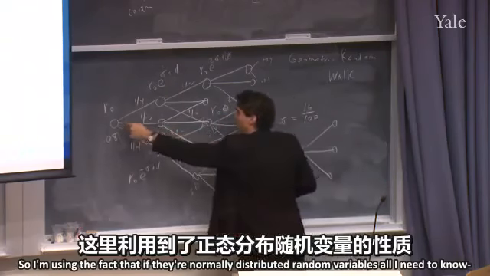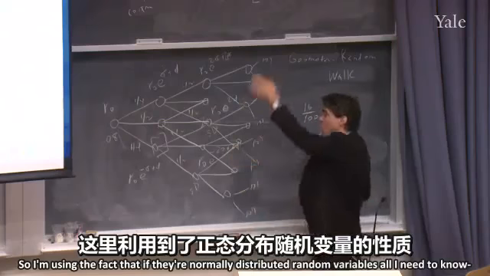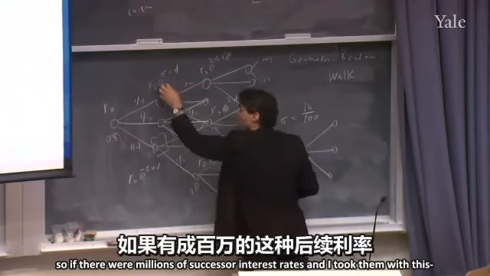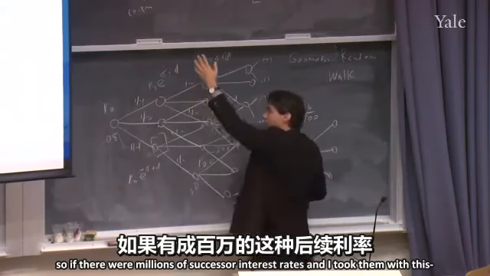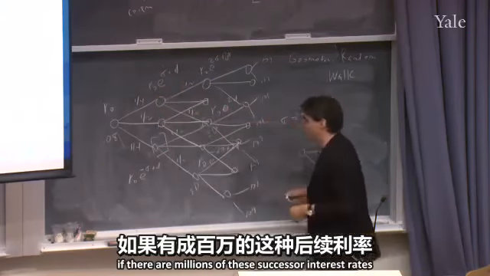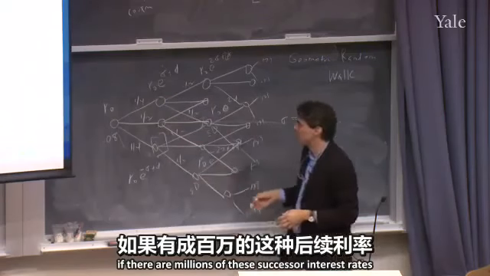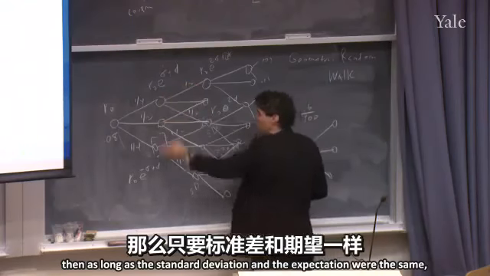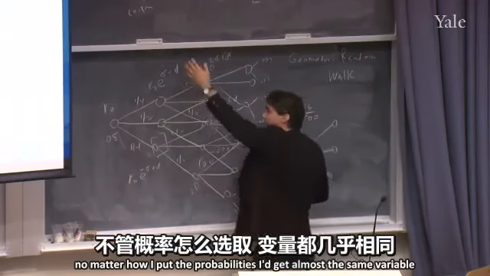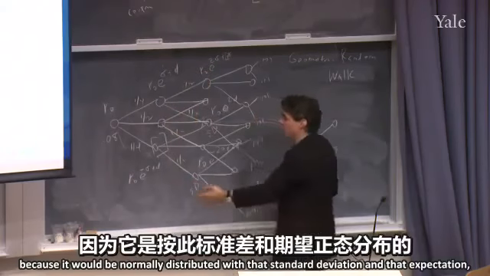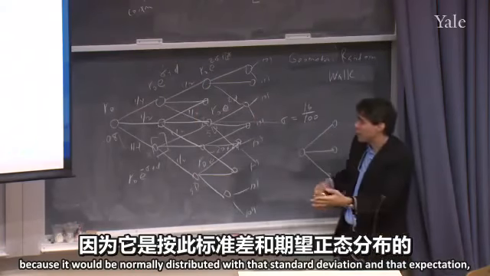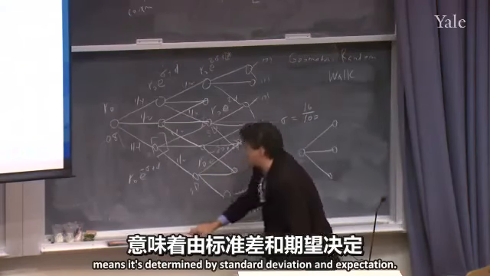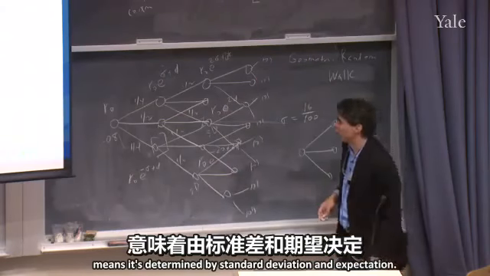I'm using the fact that for normally distributed random variables, if there were millions of successor interest rates, then as long as the standard deviation and the expectation were the same, no matter how I put the probabilities, I'd get almost the same variable, because it would be normally distributed with that standard deviation and that expectation. And normally distributed means it's determined by standard deviation and expectation.